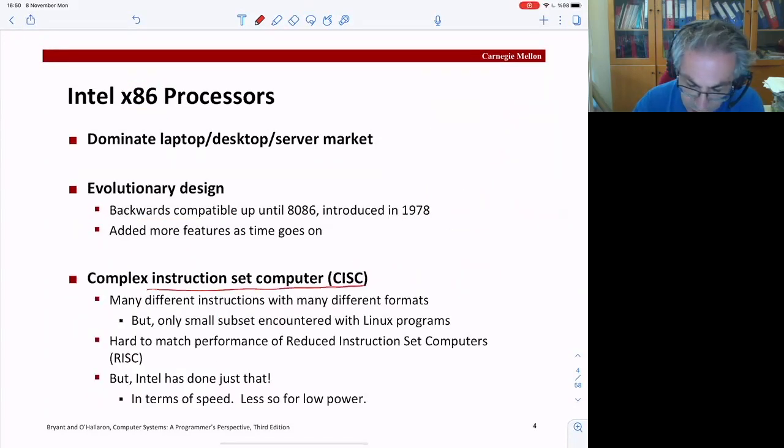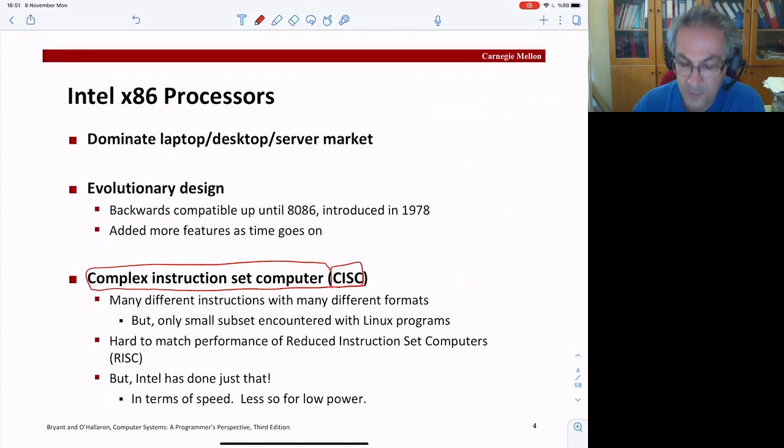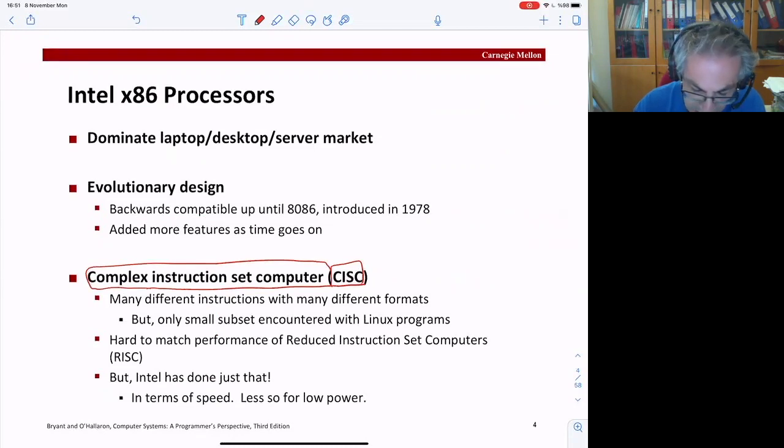Intel's approach was called the CISC approach, which is complex instruction set computer, and this was basically a byproduct of the evolutionary design, meaning that there were many different instructions with many different formats. Note that for a lot of these formats, only a small subset is used with Linux programs.